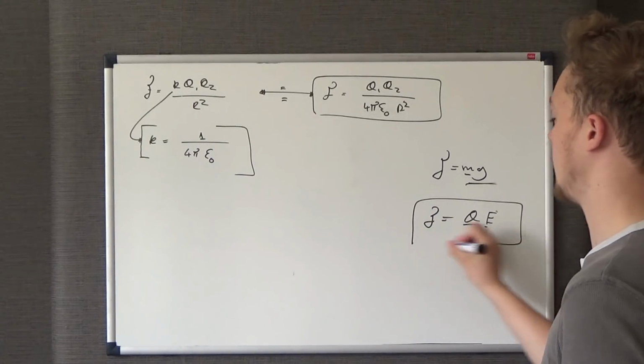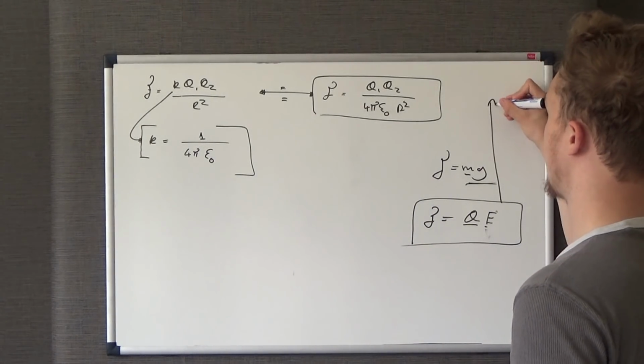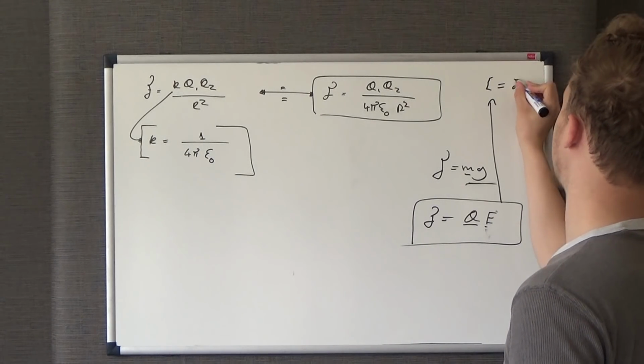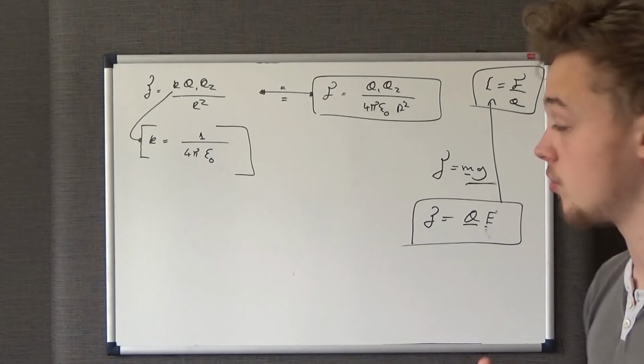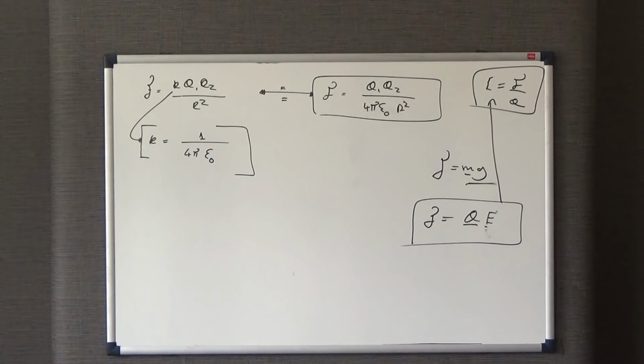To work out the electric field strength, it's F over Q, or force per unit charge.